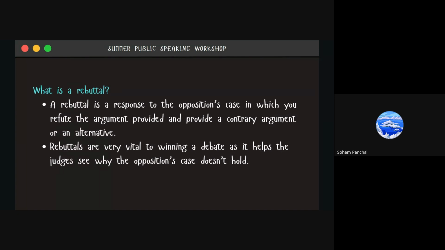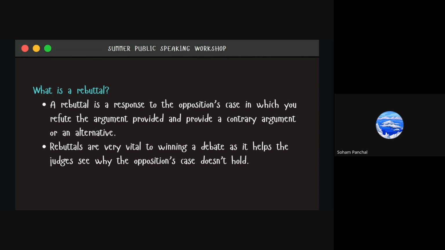You'll understand as we go on with the session. But basically, a rebuttal is just a response you give to the opposition, with which you take down the opposition's case and support your own. Rebuttals are not just a he said, she said.